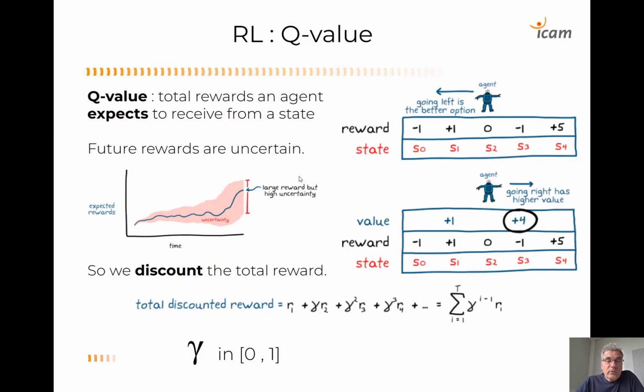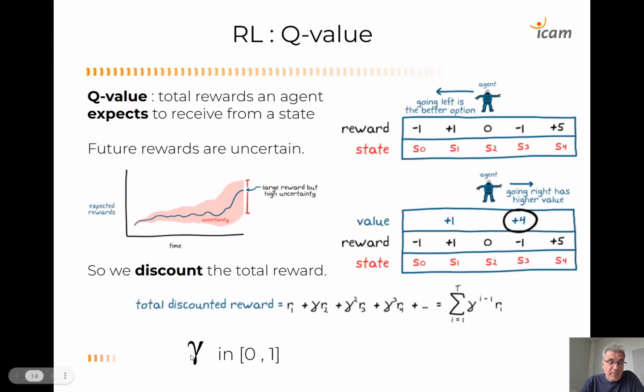In reality, we don't really do the sum of all the rewards, because the future rewards are uncertain. For the next reward, we are sure to get +1 or -1, but for states in the future, we are not completely sure to get this value because of uncertainty. To take this uncertainty into account, we apply a discount to the total reward.